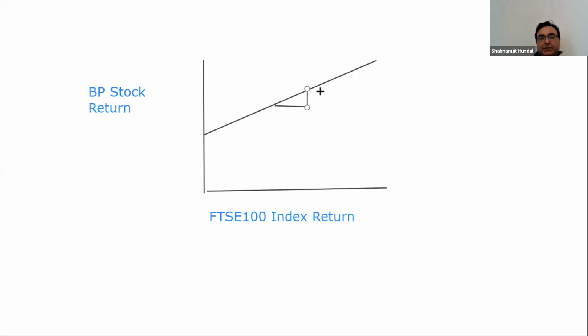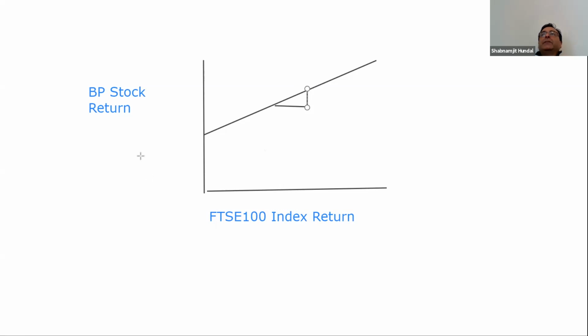If I call this portion delta Y and this delta X, the change in X and change in Y, then what we get by dividing delta Y by delta X is called beta, the measure of systematic risk.